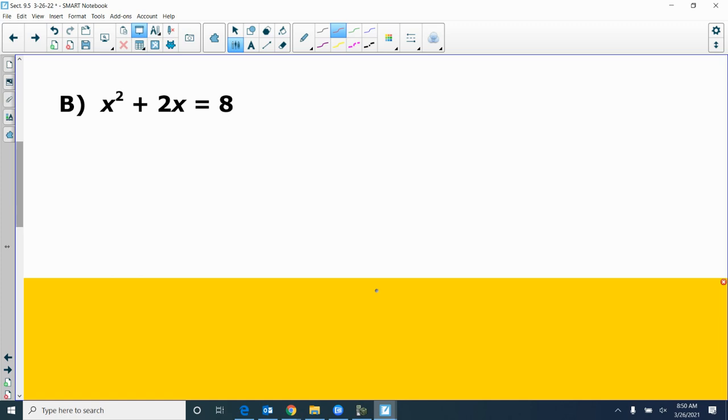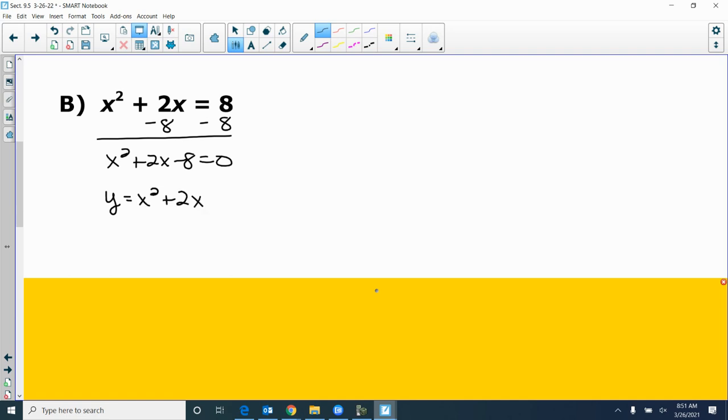You got to subtract 8, and you get x squared plus 2x minus 8 equals 0. Once you get that, underneath it, rewrite y equals x squared plus 2x minus 8. So write that, and graph it. Once you have it set equal to 0, we're looking for where it equals 0.